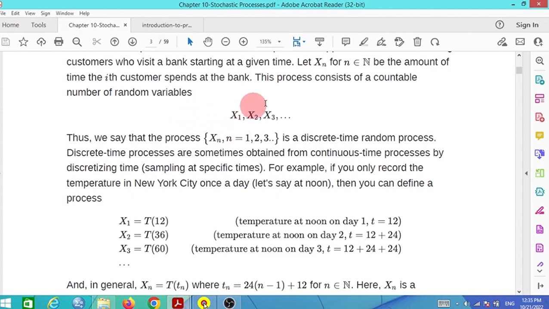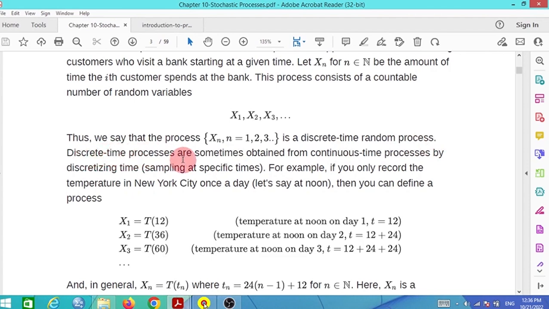Thus, when the random process is discrete time, we can write the stochastic process as a sequence x1, x2, x3, and so on. Thus, we say that this is a discrete time random process.